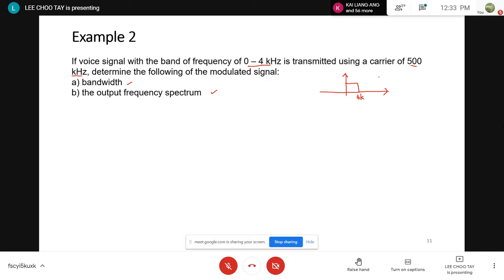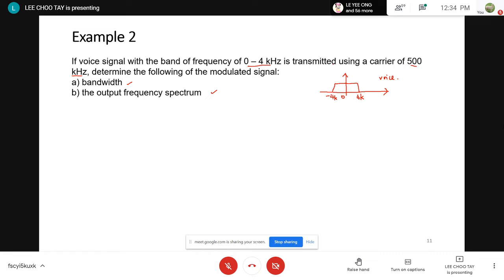This is my voice signal. Again, I'm going to assume flat. That means the amplitude for all the frequencies is the same. It can be of any shape, but here, just for simplicity, I make them the same. So that means I have a span from 4K to minus 4K, if I plot on both sides.